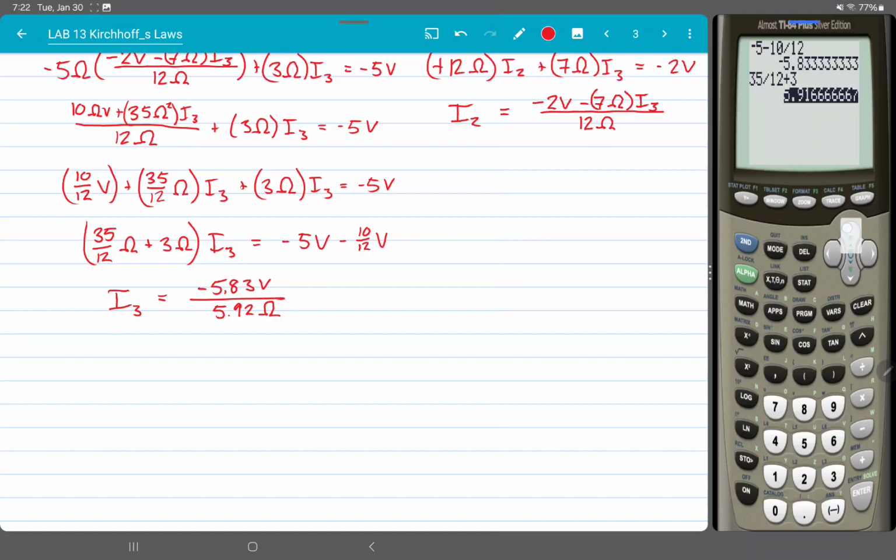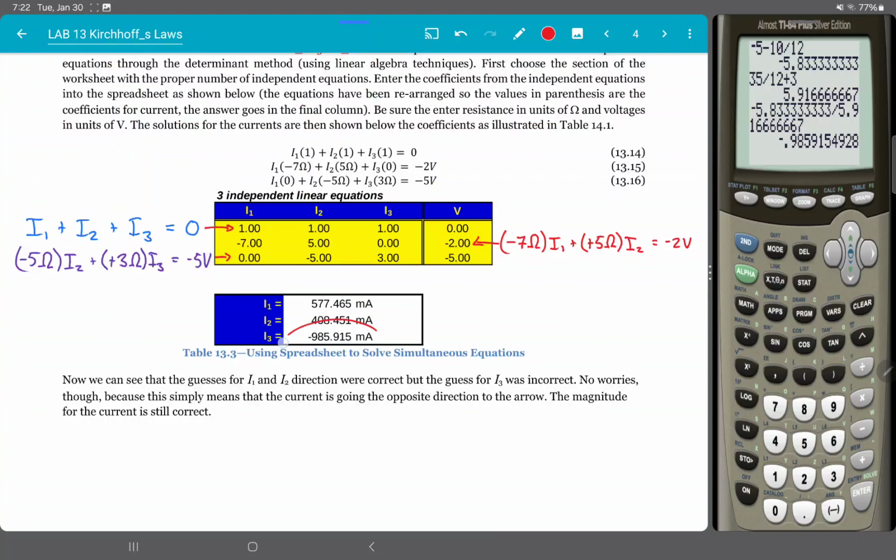And if I divide those two out, that divided by that, it gives me negative 0.986 amps, or negative 986 milliamps, and negative 986 milliamps for I3.